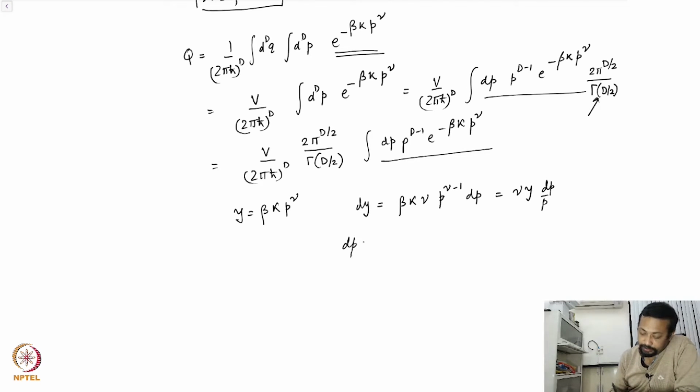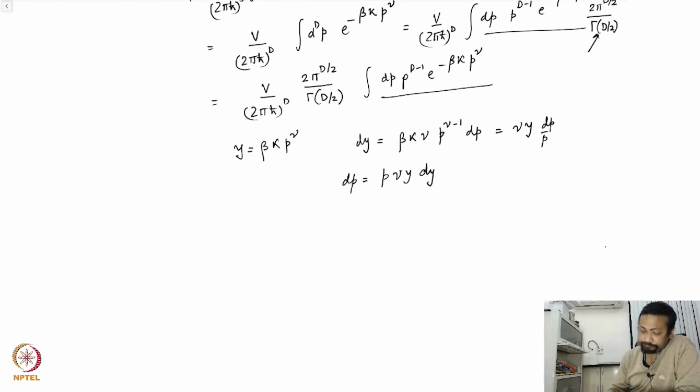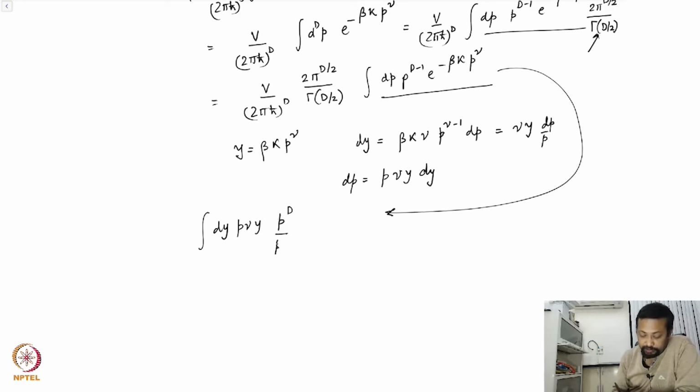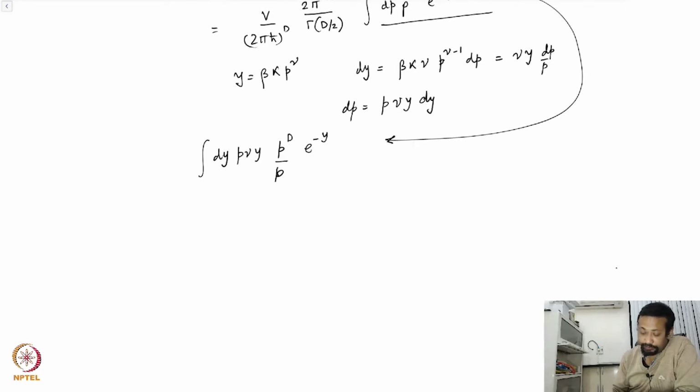So the change of variable gives me dp equal to p over nu y dy, and in this integral I have p to the power d minus 1, which is p to the power d by p, so that this p and this p are going to cancel out. That's why I wrote this differential in terms of p.